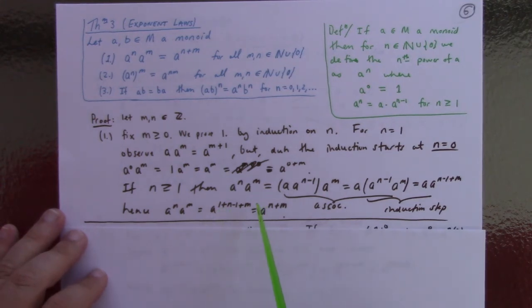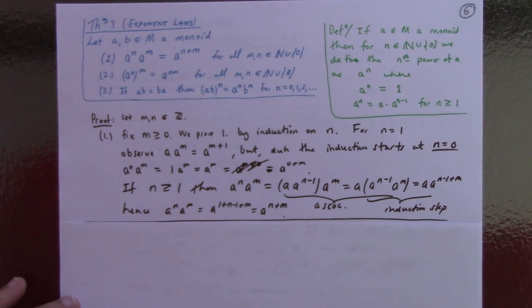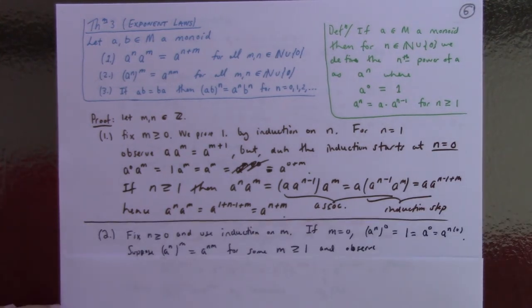Anyway, let me shut up. So there we go. a to the n times a to the m is a to the m plus n, the 1s cancel. And that proves the induction. So 1 is true for any m and n.